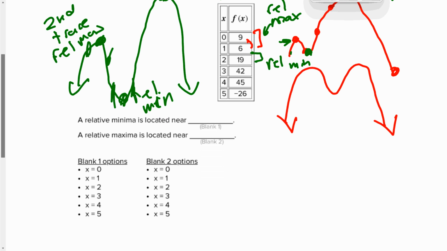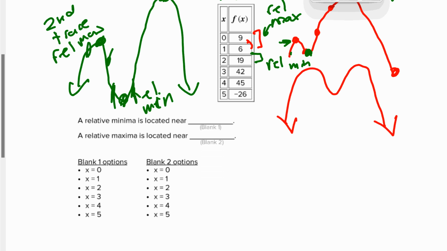So if we put it in here, we'll see that at 1, so 0 to 6, so at 1 right here is our relative minimum. So our relative minimum is at 1, x equals 1. And then when we bounced back, came up probably at 4.